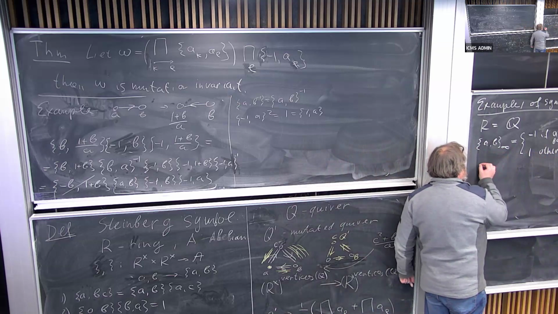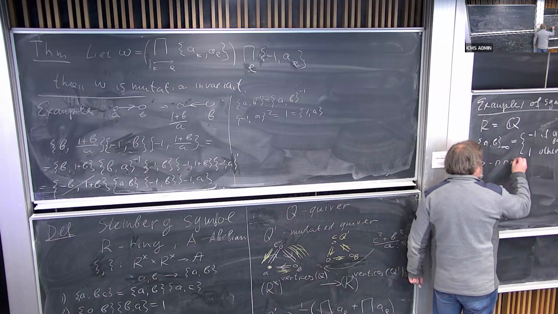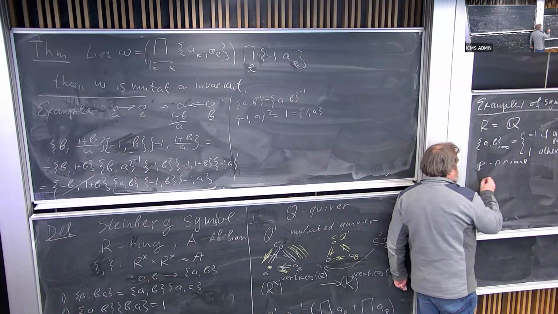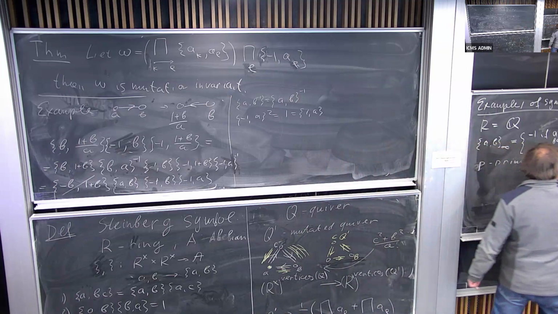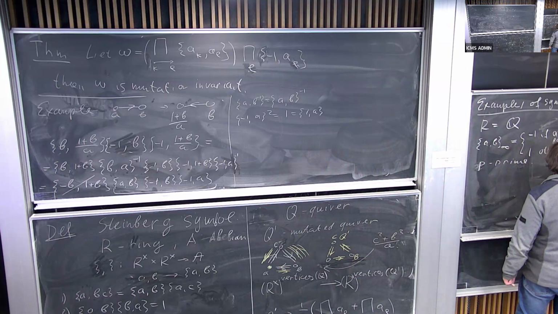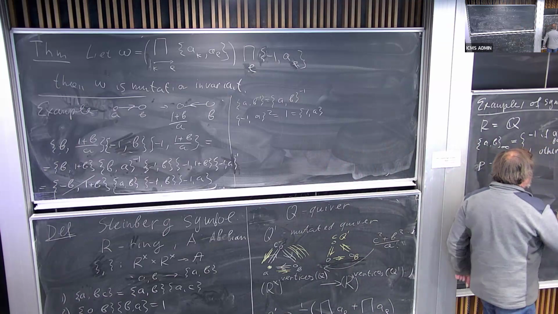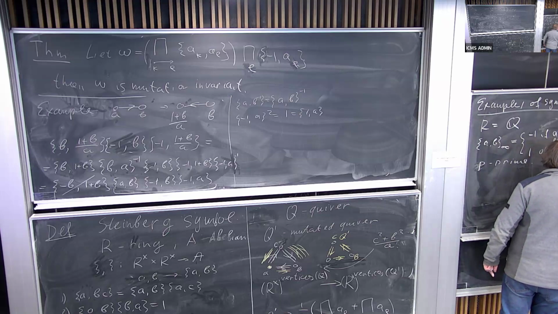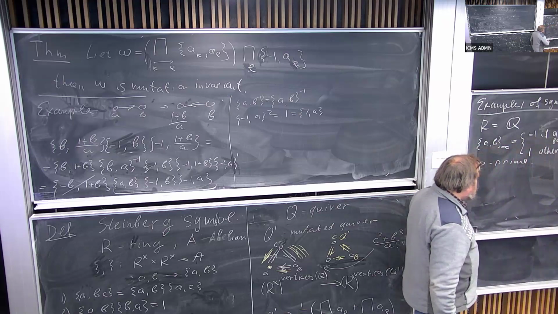Another symbol is the following. Let P be a prime. Here A, our abelian group, is just plus or minus 1. Now P is a prime and the abelian group will be Z over PZ. And the formula is the following.